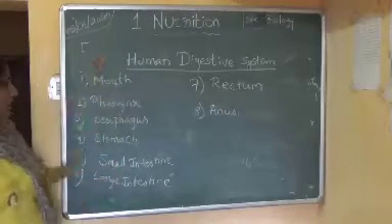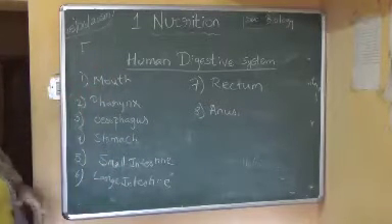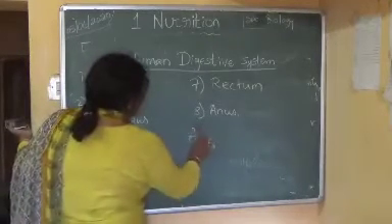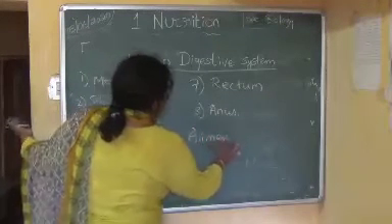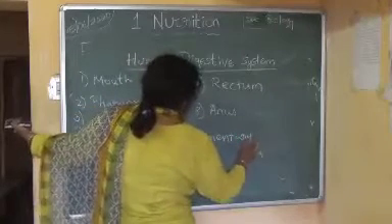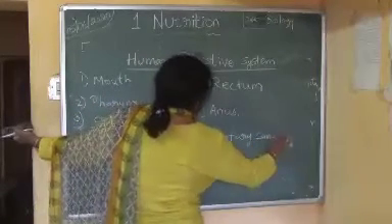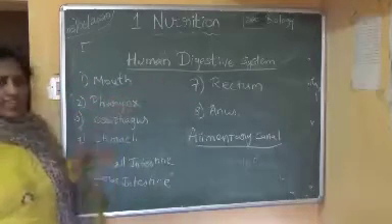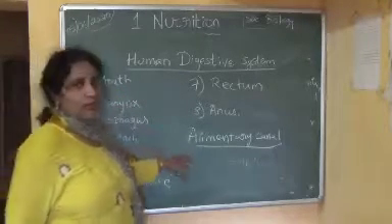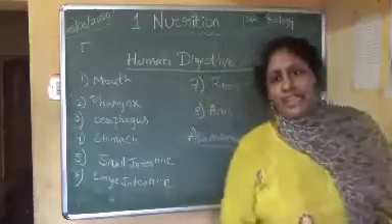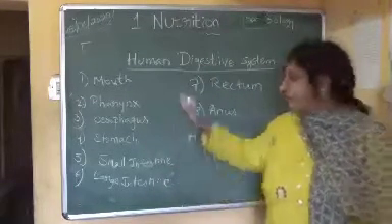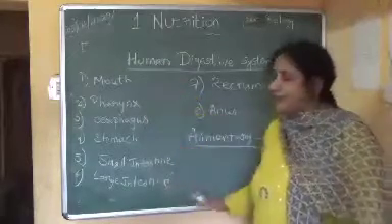So all the parts are collectively called the alimentary canal. All the parts of the human digestive system together are called the alimentary canal. The alimentary canal is a long coiled tube in which these different parts are present.